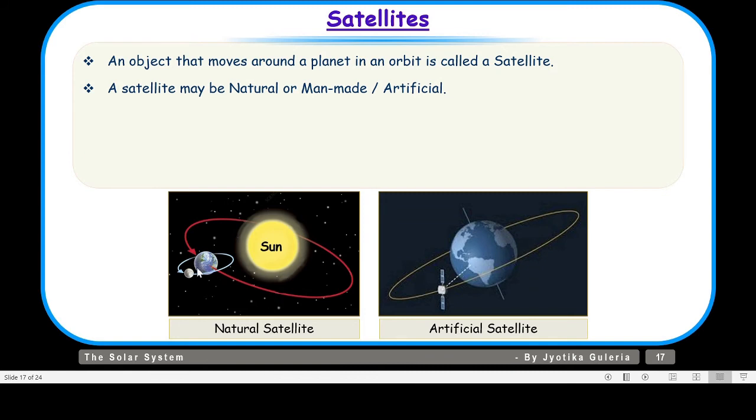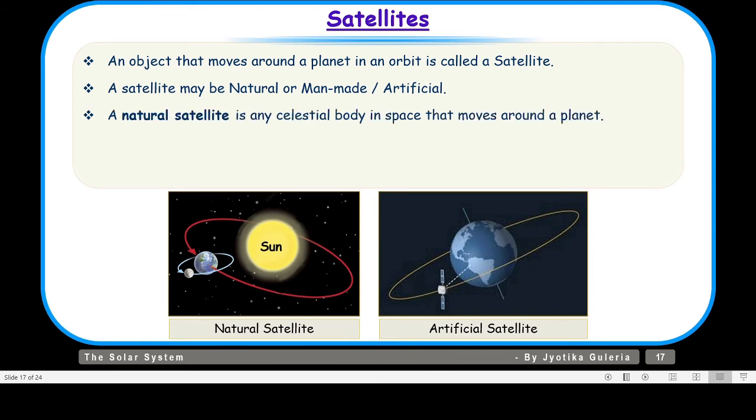We know that the moon is the natural satellite of the earth, but scientists also send artificial satellites to space. So basically, what are artificial satellites? These are machines sent to space by scientists to learn about the universe, the climatic conditions, the weather conditions, and for communication services.